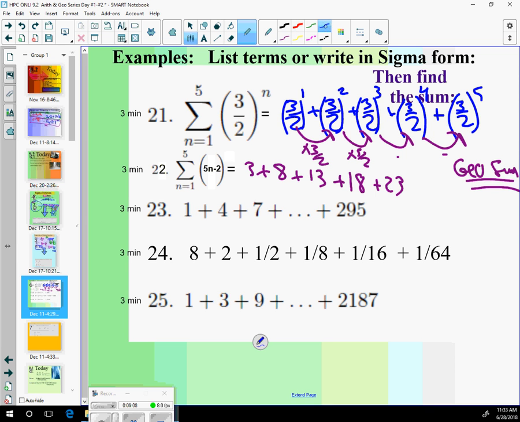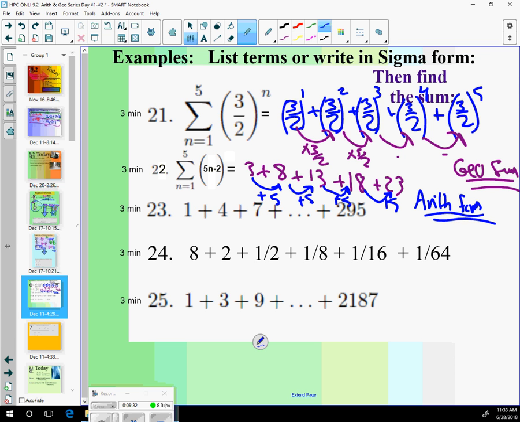That one, we are adding the same amount. So you can see that that's an arithmetic series, so you can use the formula to figure that one out, or you can just add them up.